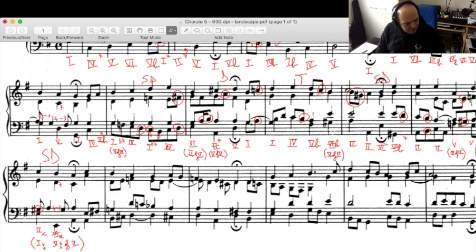That D major now feels like a tierce de Picardie, you see? We're definitely cadencing onto D minor, but the final chord is D major, feels like a tierce de Picardie.